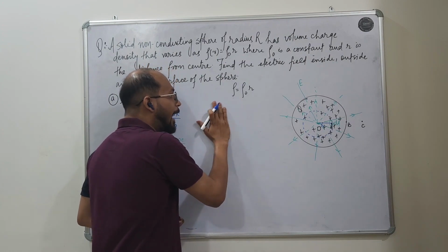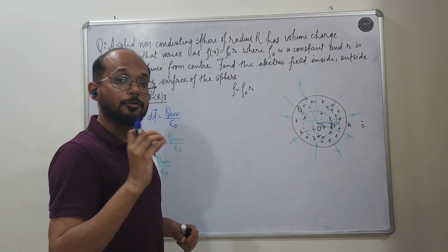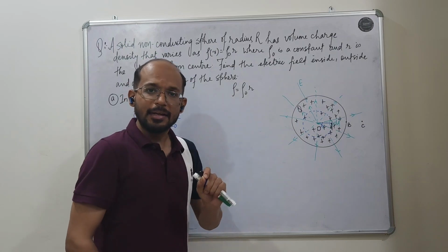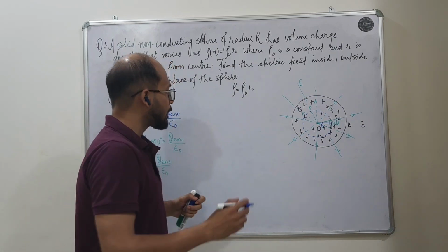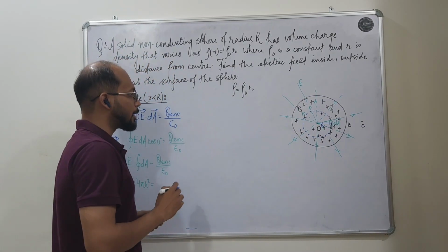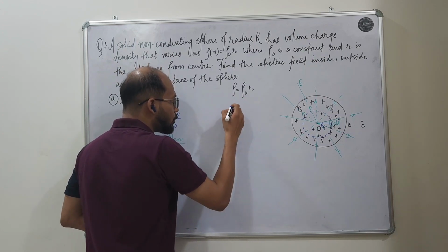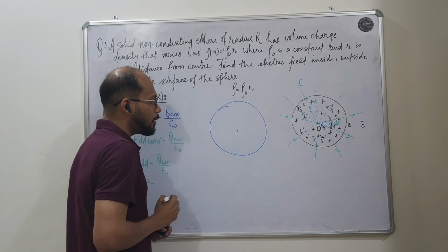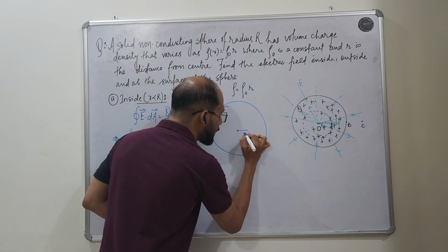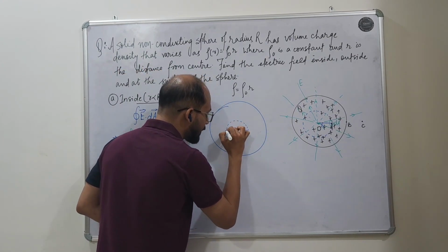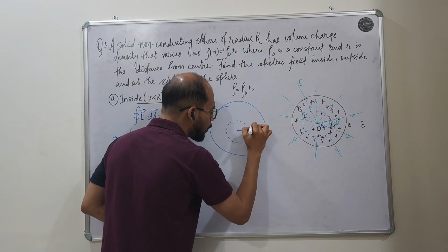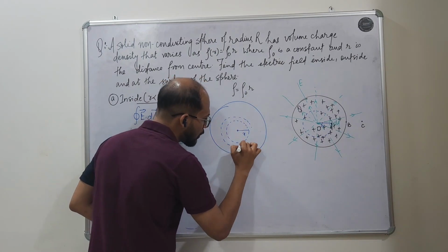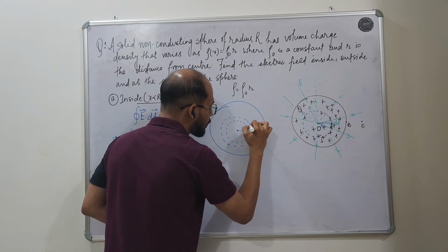In this case, as the volume charge density is varying, we will use integration and we will use an elemental cell to find the electric field. How will we do that? This is our sphere. Now, from the center at a distance x, we will assume an elemental cell of thickness dx.